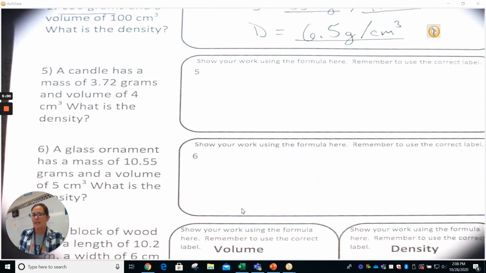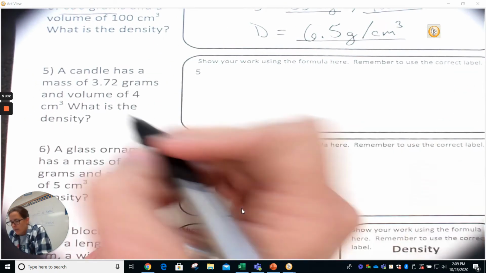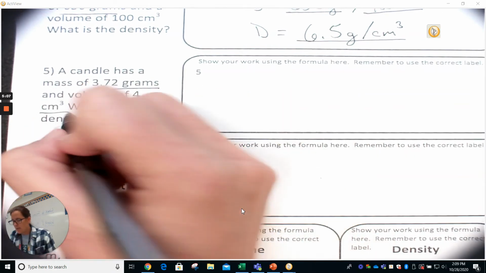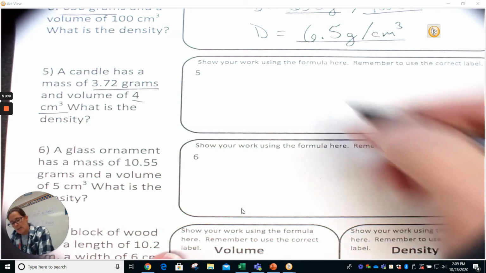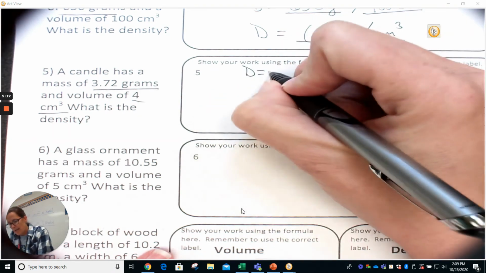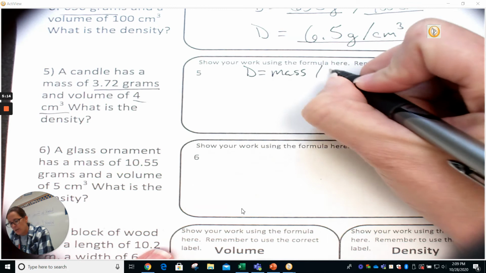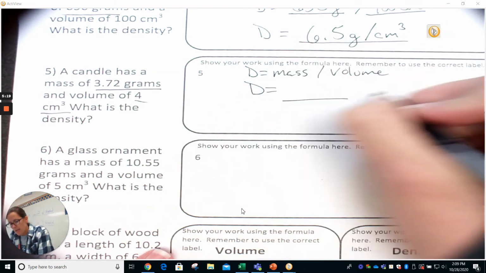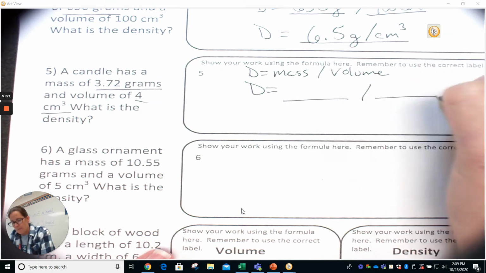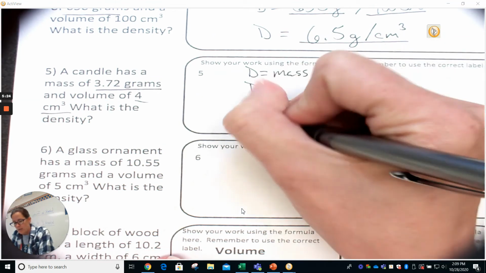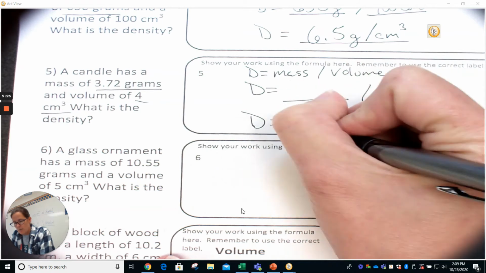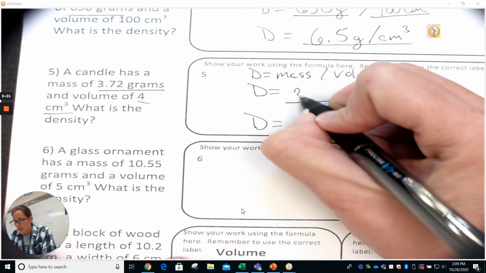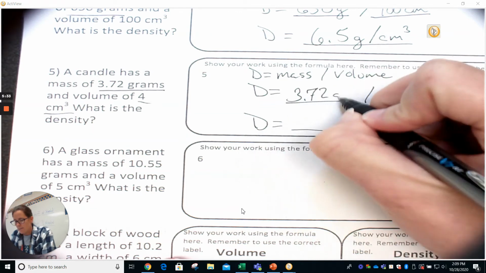All right, number 5 says a candle has a mass of 3.72 grams and a volume of 4 centimeters cubed. What is the density? So again, density equals mass divided by volume. D equals, there's my spot for that one, divided by, there's my spot for that one. And then here, I'm going to put my answer. D equals, and there's a line for my answer. Okay, we need the mass first, so 3.72 grams.